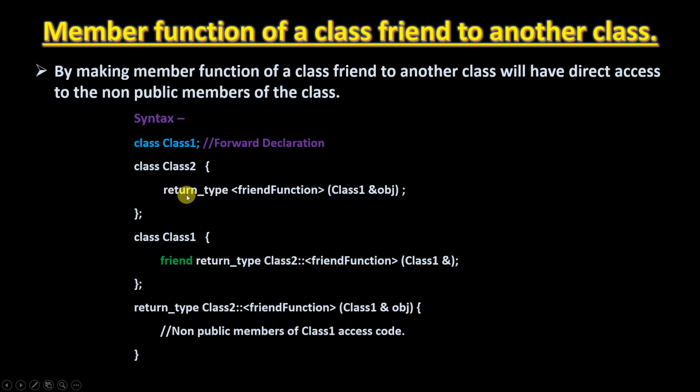Here I have given the prototype declaration, and here also the prototype declaration with the friend keyword, so that the compiler will understand that this friend function, which is present in class 2, is trying to access non-public members of my class, so I have to allow it.